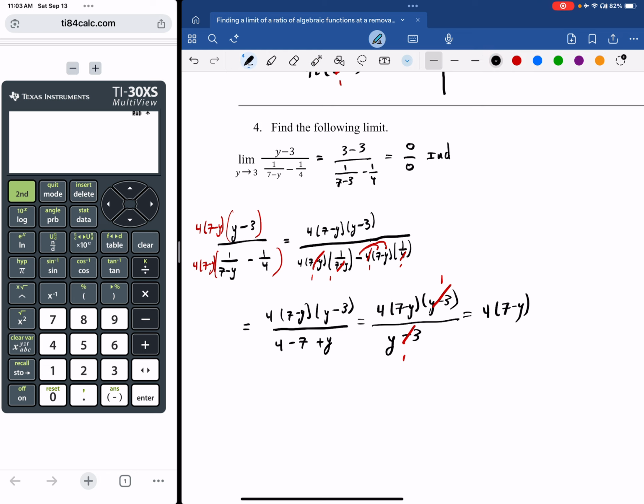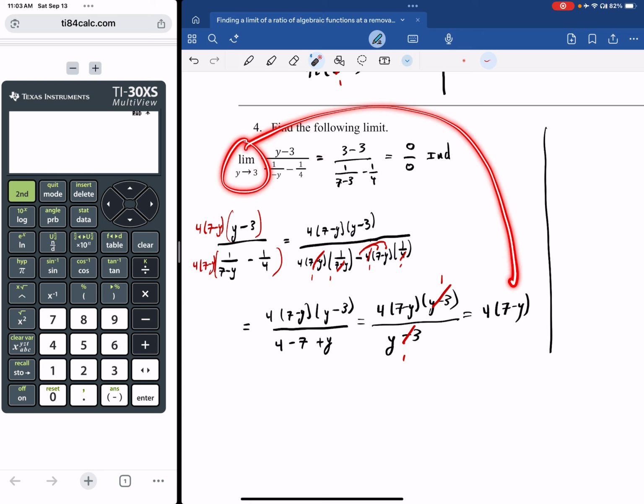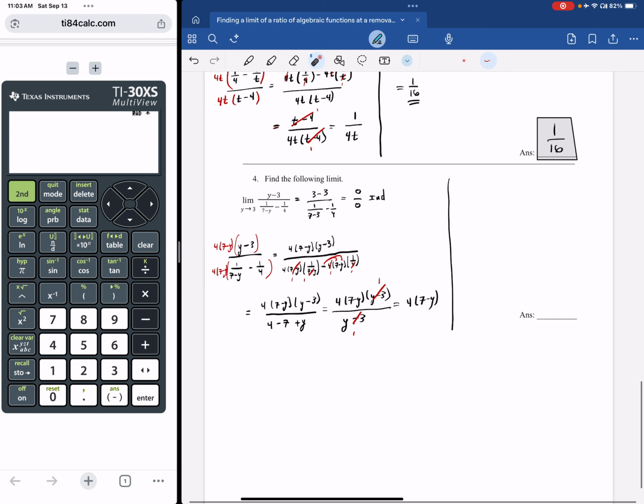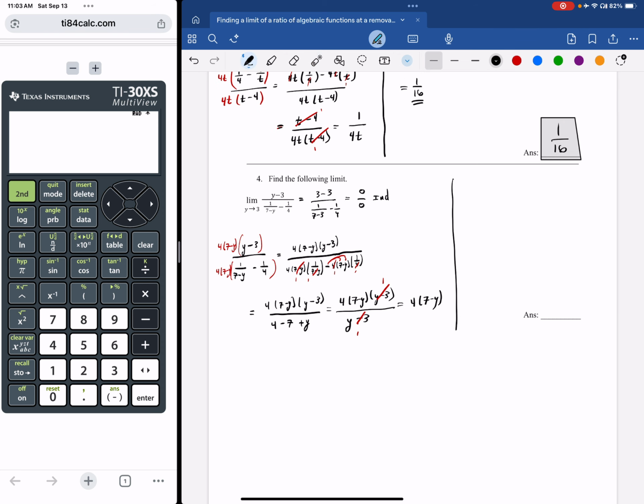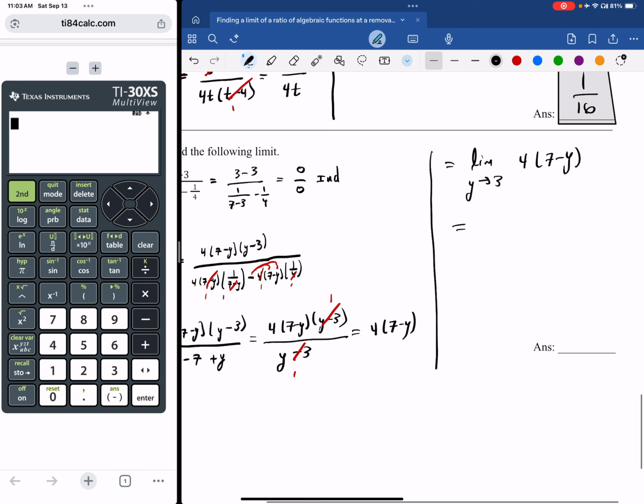So instead of evaluating the limit of that original nasty looking function, I'm going to be evaluating the limit of that nice function instead. So we know this is equivalent to the limit as y approaches 3 of the new nice simplified function, 4 times 7 minus y. When I look at that, I'm going to try direct substitution.